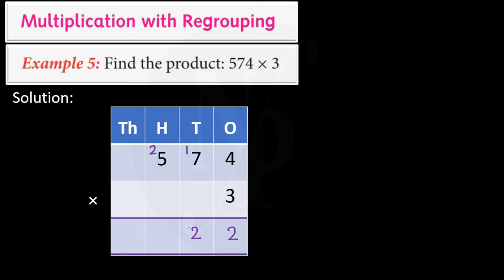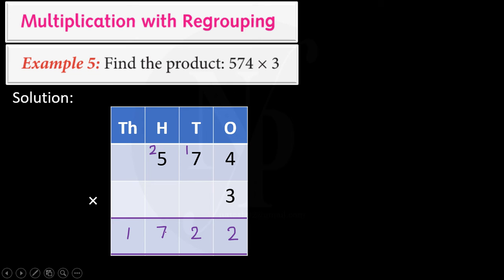So we write a 2 in tens column, and 2 hundreds are carried forward to the hundreds column. Here we have 5 hundreds to be multiplied by 3. So on multiplying we get 15 hundreds, and 15 hundreds plus 2 hundreds will be 17 hundreds, and 17 hundreds are regrouped as 1000 and 7 hundreds. So we write 1 in thousands column and 7 in hundreds column.